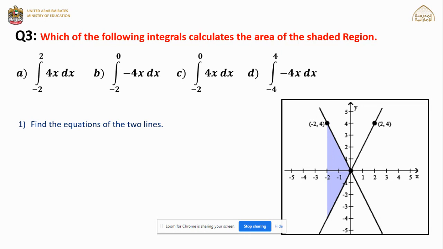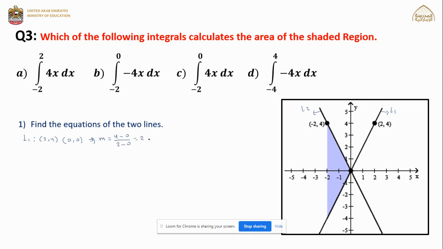So I will start from the first one. I will name this line 1 and this line 2. We will start with line number 1. To find the equation for line number 1, I must choose 2 points. So I have (2, 4) as the first point, and the second point is (0, 0), because my line here is passing through the origin. From this, I can find the slope. So m equals delta y over delta x, which gives me (4 minus 0) over (2 minus 0).